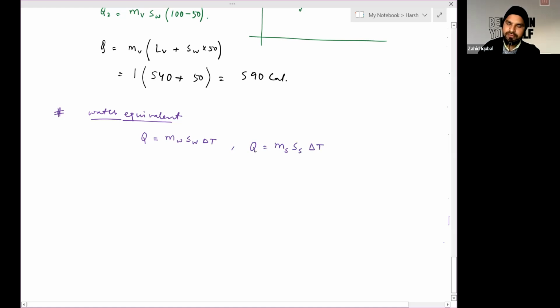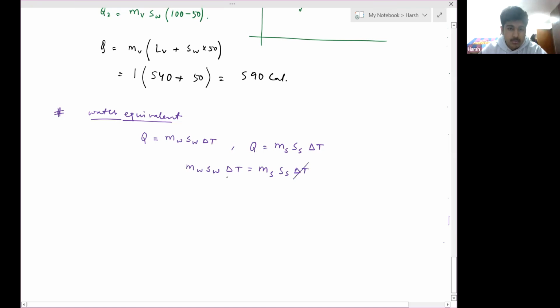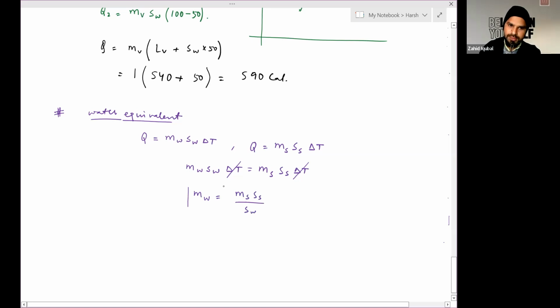So if heat in both these processes is the same, we can equate them. Mass of water, specific capacity of water, change in temperature equals mass of substance, specific capacity of substance, change in temperature. The change in temperature terms cancel out. So if we calculate the mass of water related to this part, this quantity is called water equivalent.